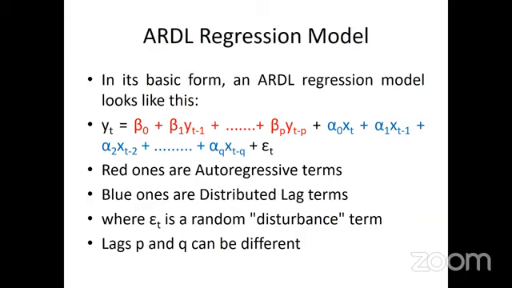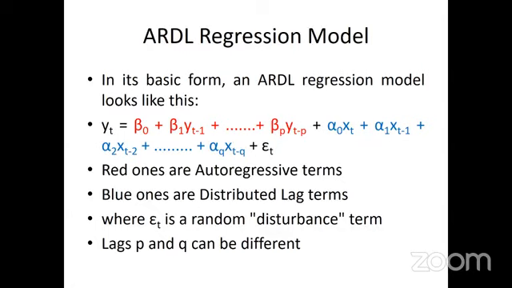Here, the model is very clear. A different lag will be used for Y, different lags will be used for X. The red ones are the autoregressive terms, the blue ones are the distributed lags. These are AR terms, very clear. And these are distributed lags of another variable.